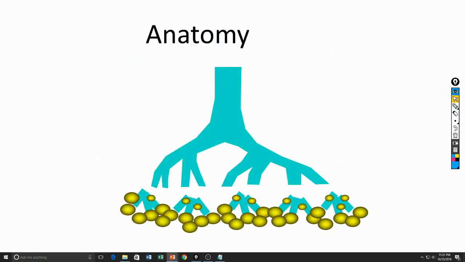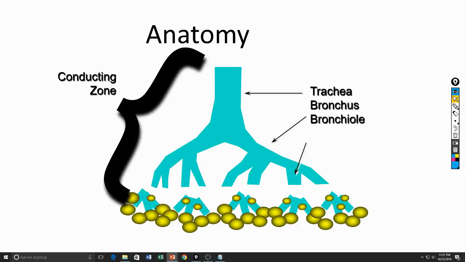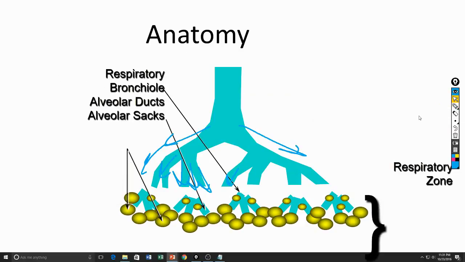And when the air comes in, you see we have the trachea. The air comes in through your mouth, goes down the trachea, then bifurcates out to the bronchi, and eventually goes down to much smaller vessels and makes its way over to the site of gas exchange, which is the alveoli.